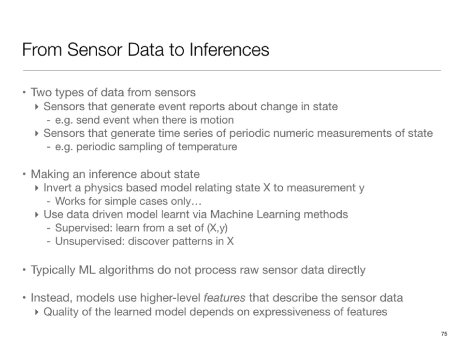So at the lowest level, the output of available sensors falls into these two categories. And now you are trying to make an inference about the state. As I mentioned earlier, there are two approaches one can bring to bear.